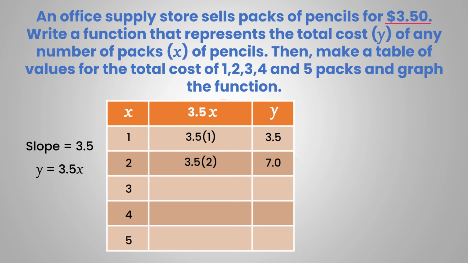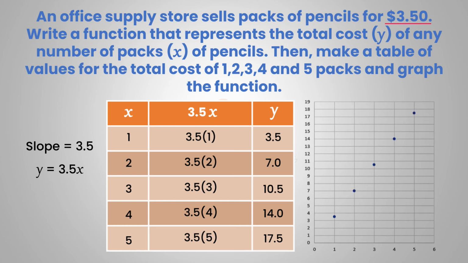Substituting in the 3, I get 3.5 times 3, which is 10.5. Substituting in the 4, 3.5 times 4 is 14. And lastly, substituting in the 5 gives me 3.5 times 5, or 17.5. Now that I have these points, I can graph my equation. So this is the graph of the coordinates found in the table.